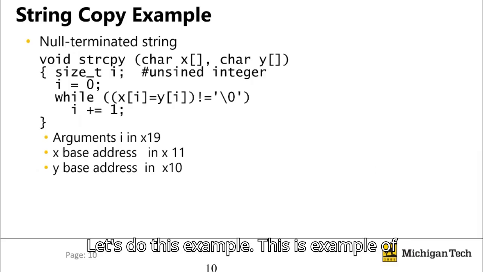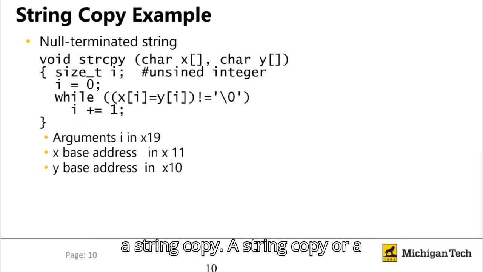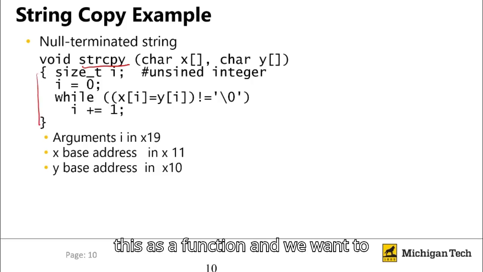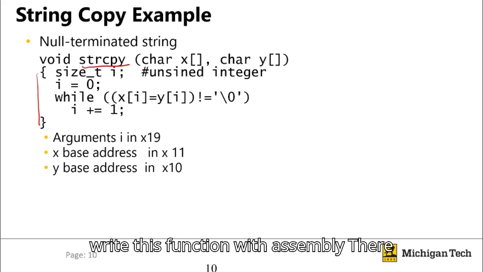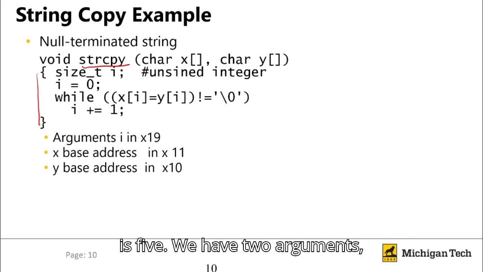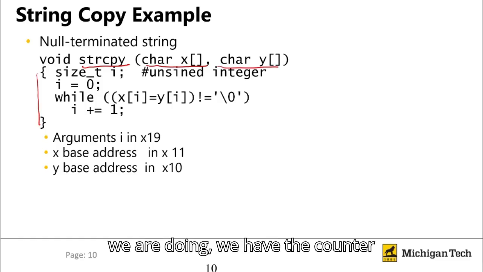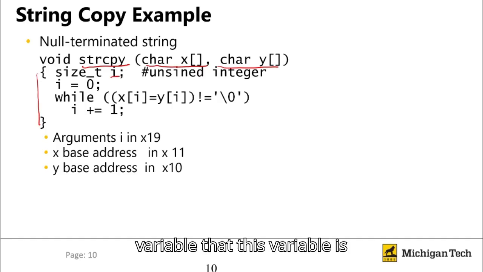Let's do this example. This is an example of a string copy. A string copy, or strcpy, exists in C++, but here we wrote it as a function, and we want to write this function in RISC-V assembly. We have 2 arguments, x and y, and we have a counter variable that starts from 0.